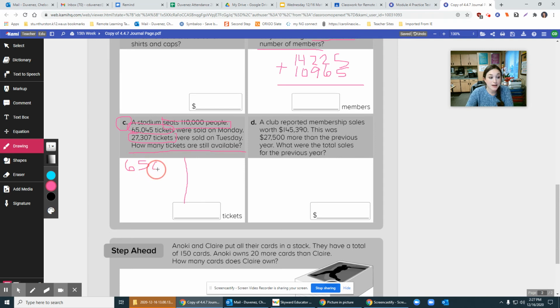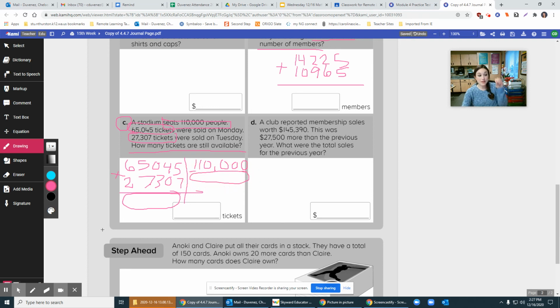So I'm going to add the first 2 numbers. Sometimes it's hard to write with the mouse. And then whatever I get for my answer here, that's how many tickets were sold. I need to subtract that from the total, which is 110,000 minus the number you get there.